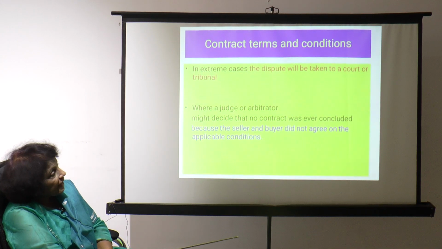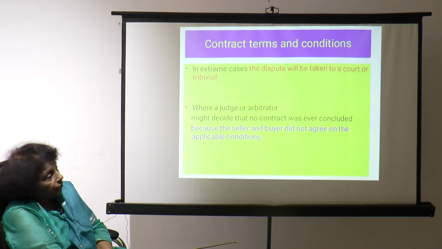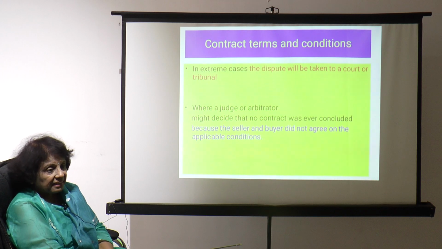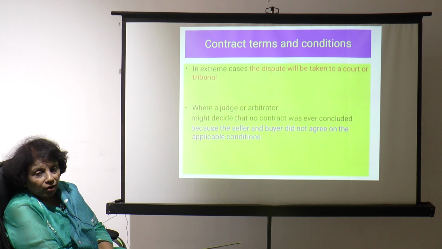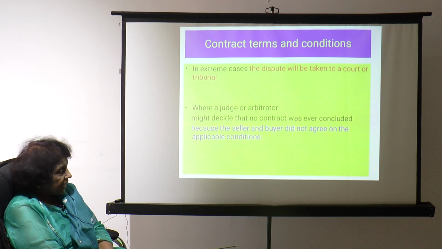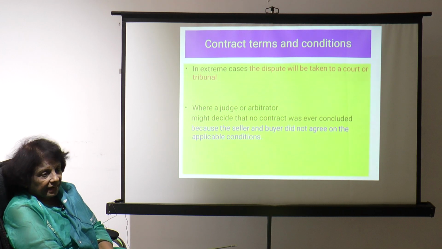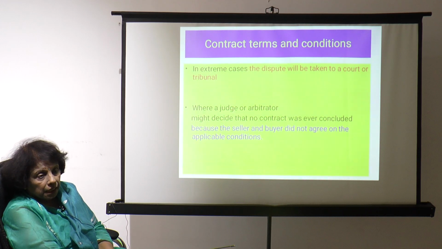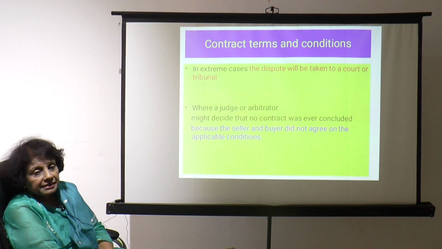In extreme cases, the dispute will be taken to a court or tribunal, where a judge or arbitrator will be there. They might decide that no contract was ever concluded because the seller and buyer did not agree on the applicable conditions.